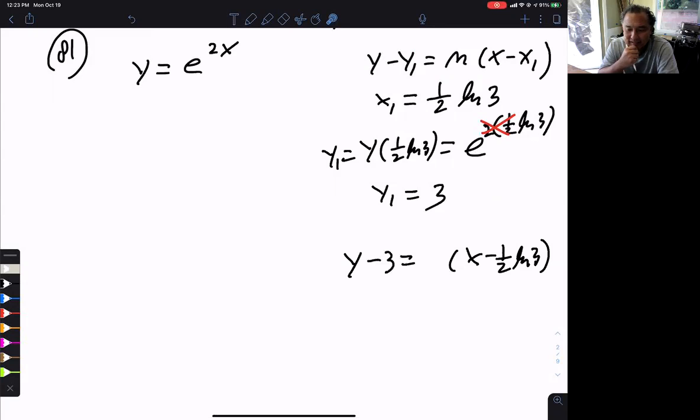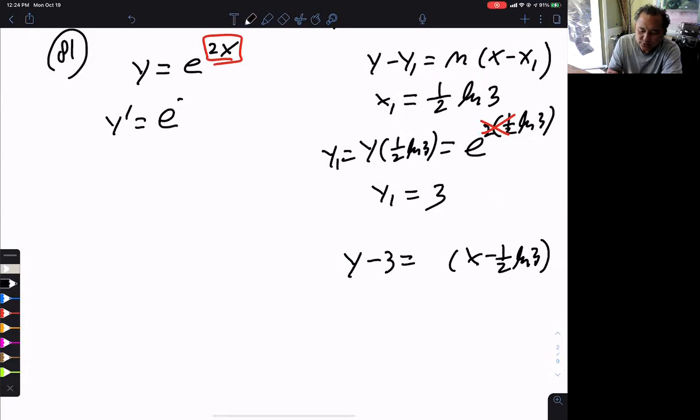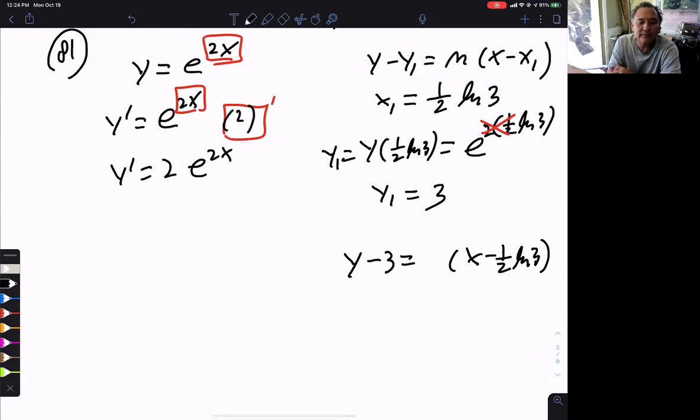Could it be the derivative? How do I find the derivative of e to the box? According to the chain rule, the derivative of e to the box is e to the box times the derivative of box. But what's the derivative of 2x? Quite simply, 2. So we have our derivative is 2e to the 2x.